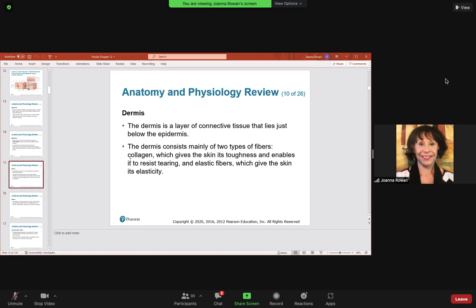So fibers. Collagen gives the skin its toughness and enables it to resist tearing, and elastic fibers give the skin its elasticity. As we grow older, there is less collagen, and so that causes our skin to sag. We don't have the elasticity that prevents that.